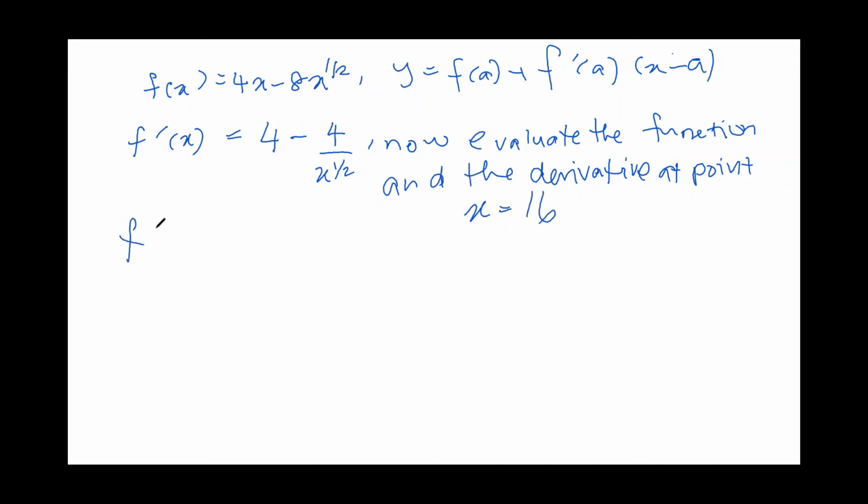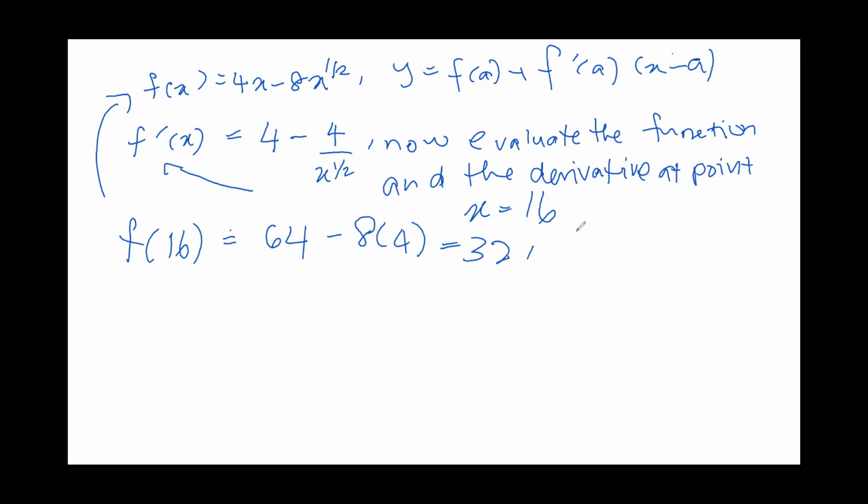Now f(16), we put it inside here, we will get 64. You do 8 times 4 and we will get 32. Right, and put it inside here, f prime(16) is equals to 4 minus 1 is equals to 3.